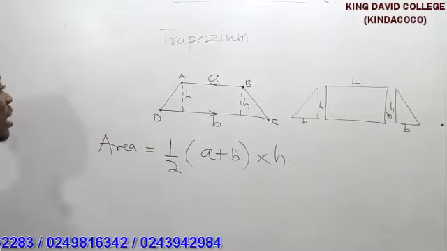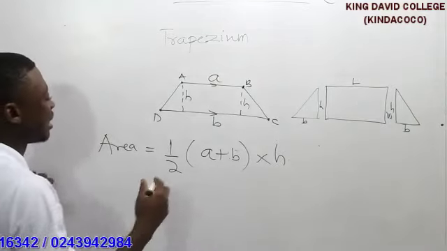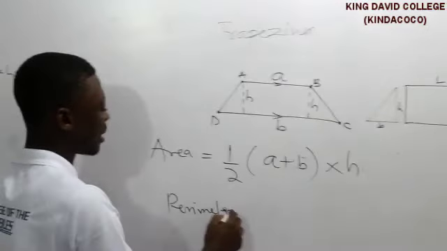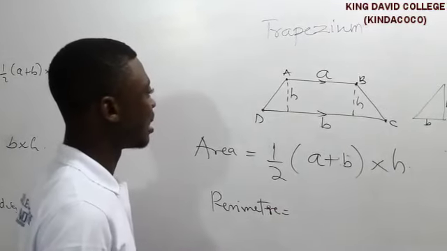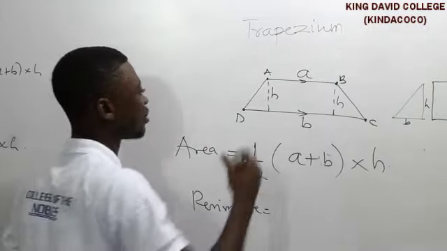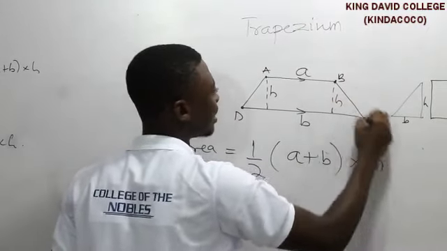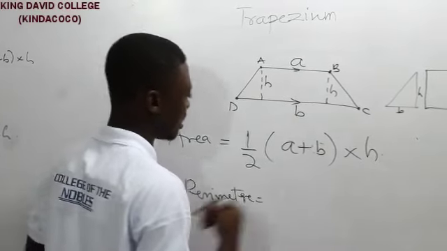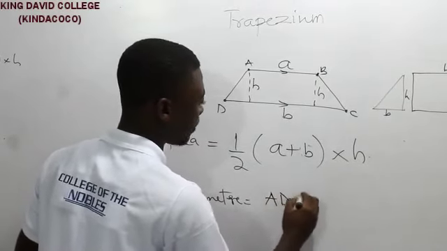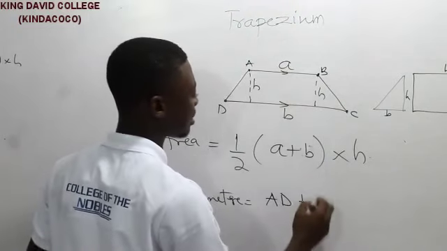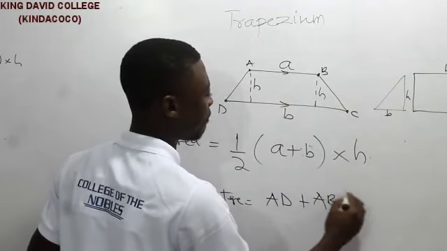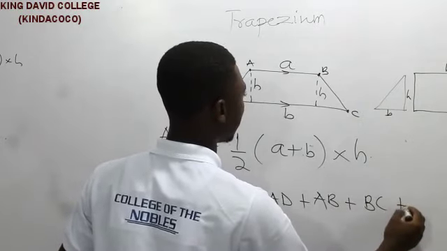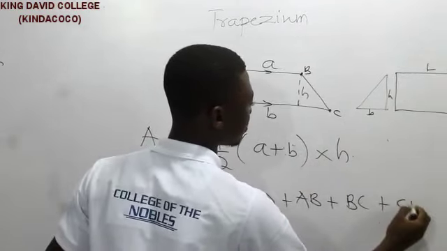So here too, when we want to look at the perimeter, the perimeter is just the distance around it. So the perimeter is just going to be AD plus AB plus BC plus CD.